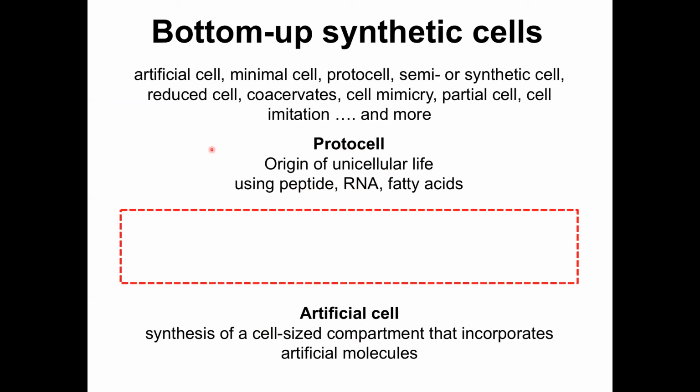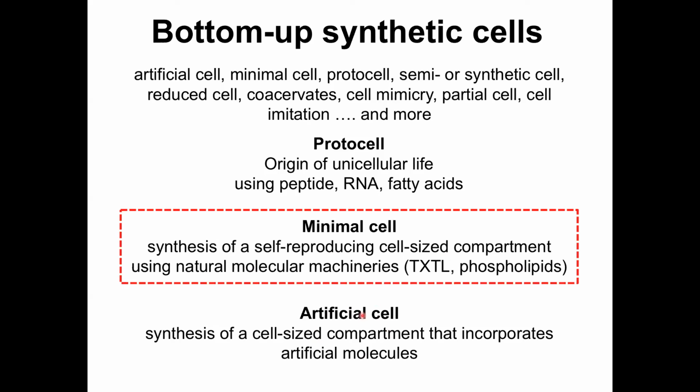Artificial cell, artificial by definition, it's when you use a component that is not natural, that is artificial. So you synthesize a cell size compartment that incorporates artificial molecules. A number of groups are doing this. And finally, what is called the minimal cell, it's what many labs do.